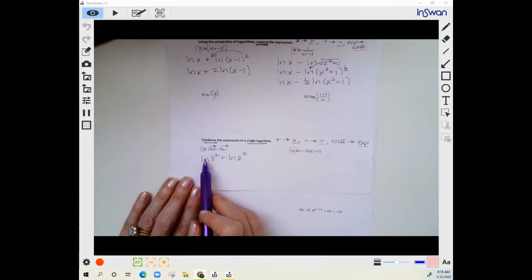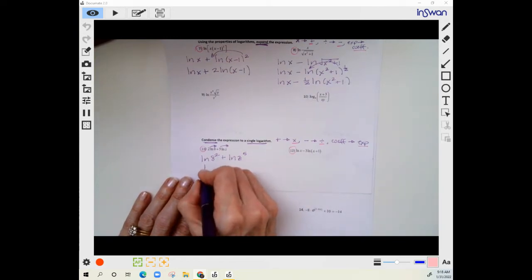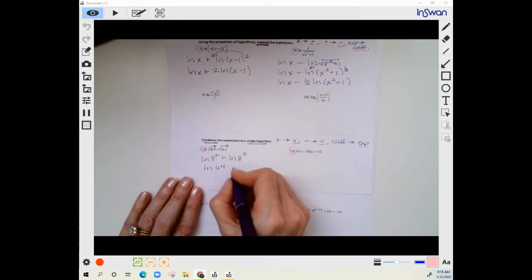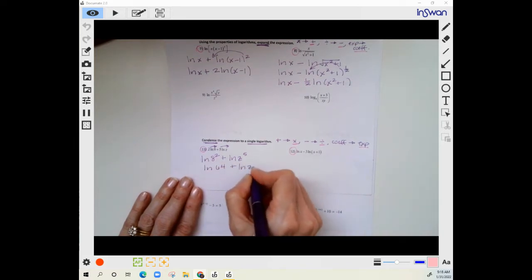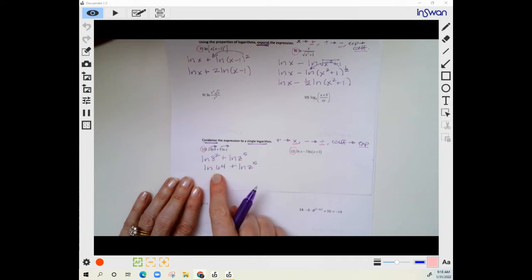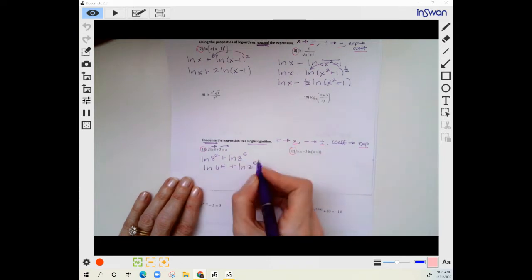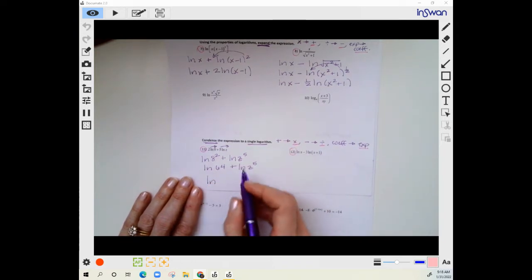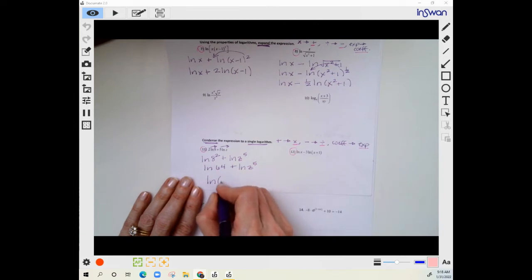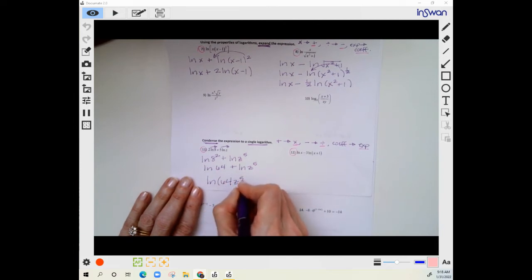And then I can clean this up right here. I can call that natural log of 64 plus natural log of z to the 5th. I still have two natural logs that are added, and addition should condense to multiplication, so it should be a single logarithm. And addition changes to multiplication, so it's going to be 64z to the 5th.